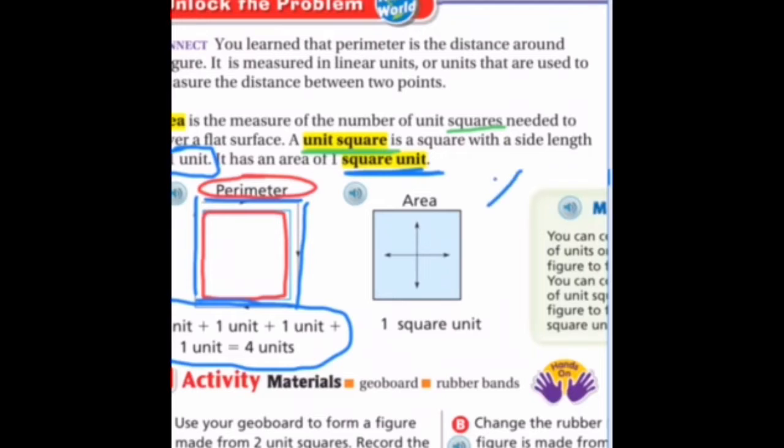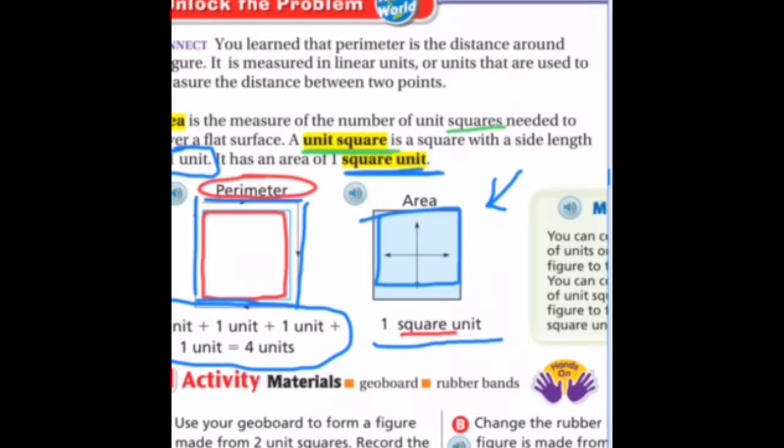Area, on the other hand, is different. Area tells us the amount of space inside the square. So really all we're doing is counting how many squares we have, and in this case we have 1 square. So we label that as 1 square unit. This tells us area right here, square.